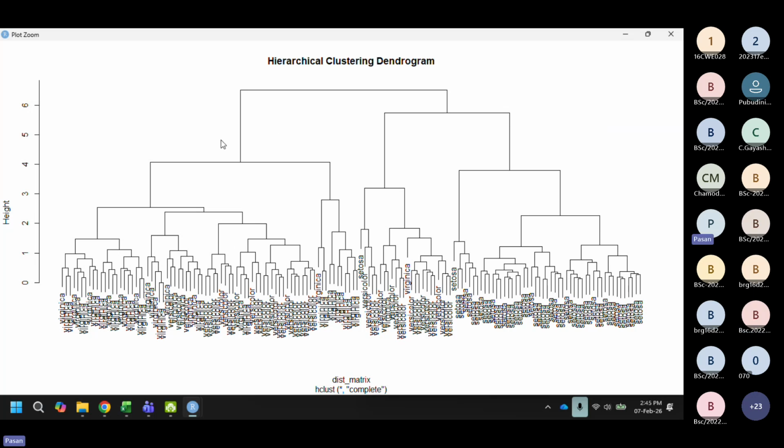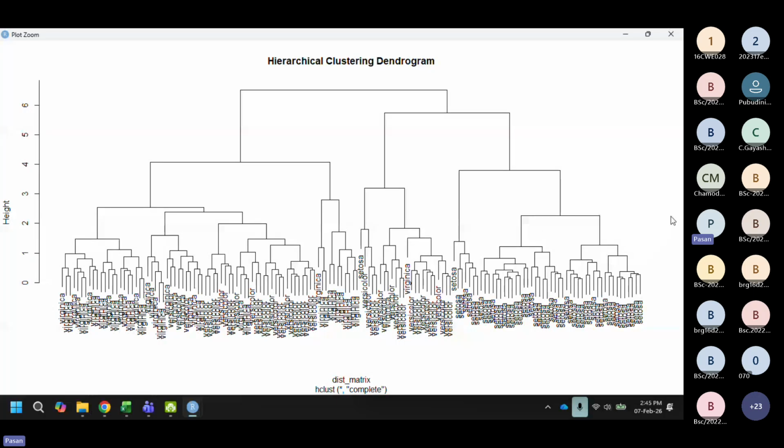If you cut this tree from here, then you're going to fall into three clusters. And if you cut somewhere in the middle like this, then how many? One, two, three, four, and five clusters.